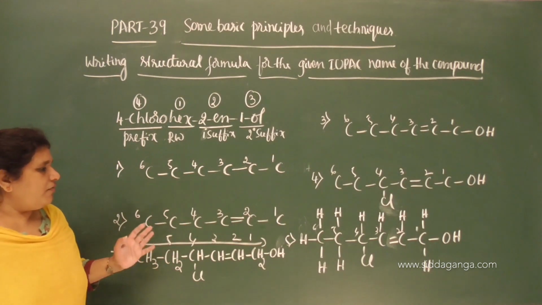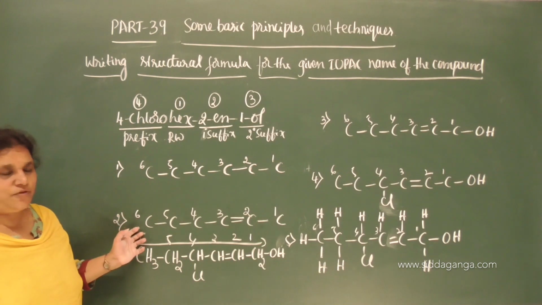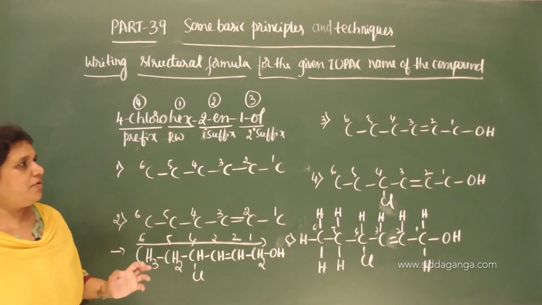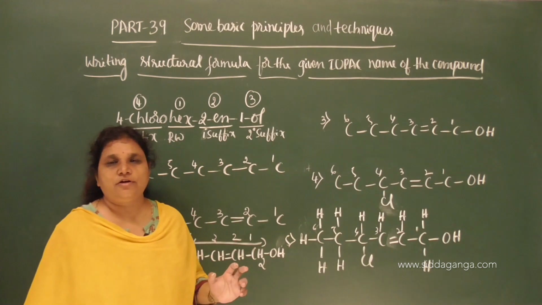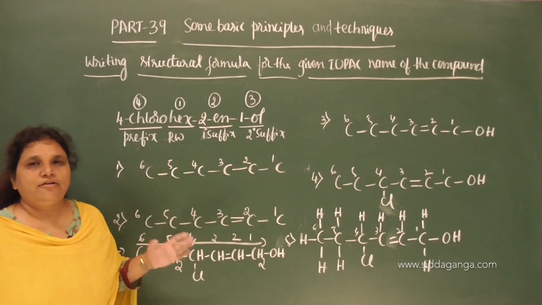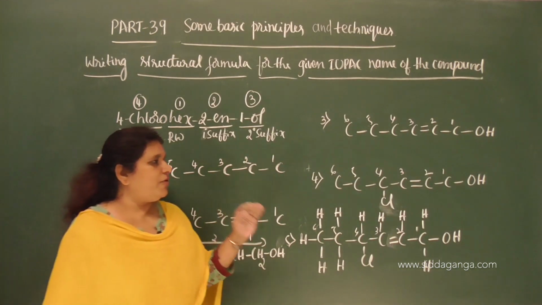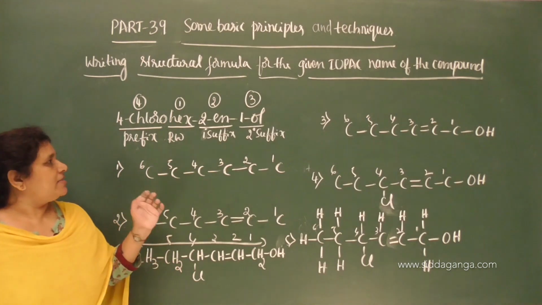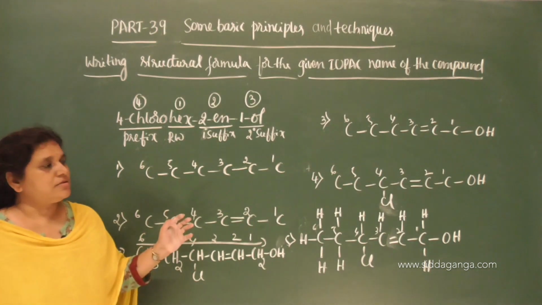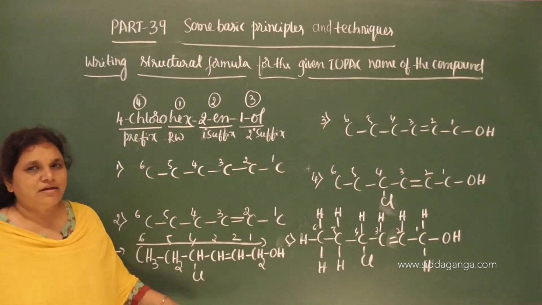Second step, we need to place the multiple bonds on the basis of the primary suffix. The third step, we need to identify the functional group on the basis of the secondary suffix, and place the functional group on the appropriate carbon atom. The fourth step is, on the basis of the prefix, we have to place the substituent group on a particular carbon atom in the carbon skeleton.